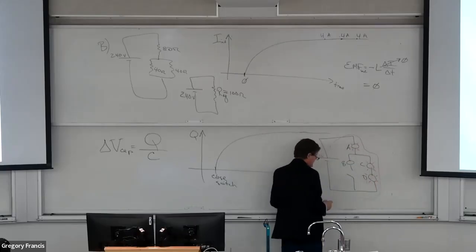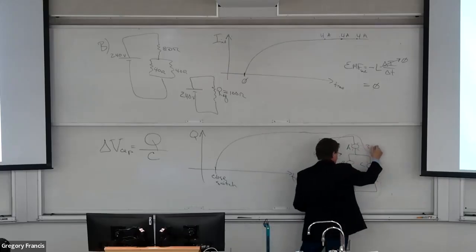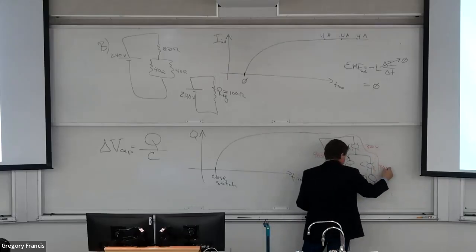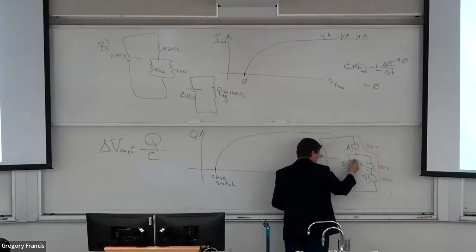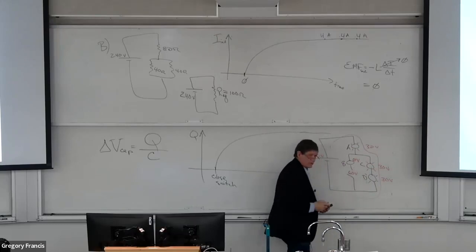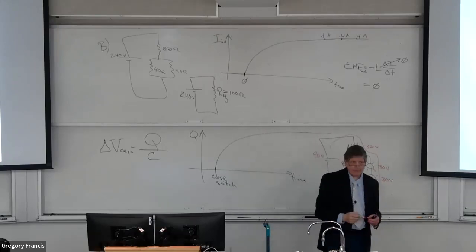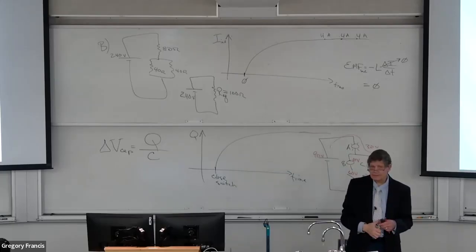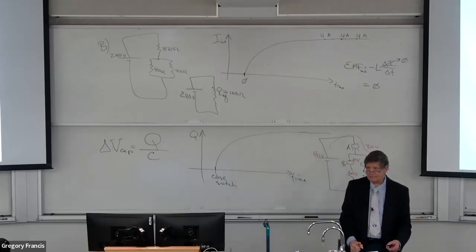And the voltage has to add up to 90. So this is going to be 30 volts, 30 volts, 30 volts. This is out, so it's 0 volts. And since I have 60 volts from here to here, this must be 60 volts across the inductor. Does that make sense?